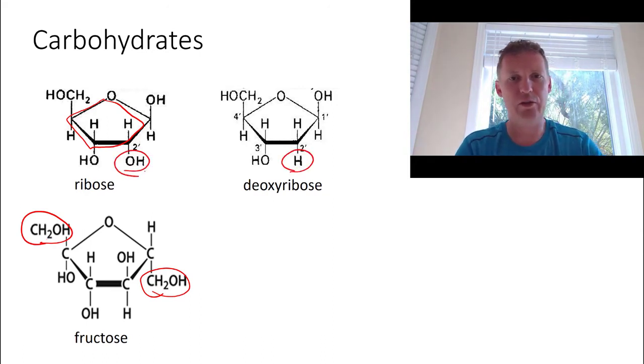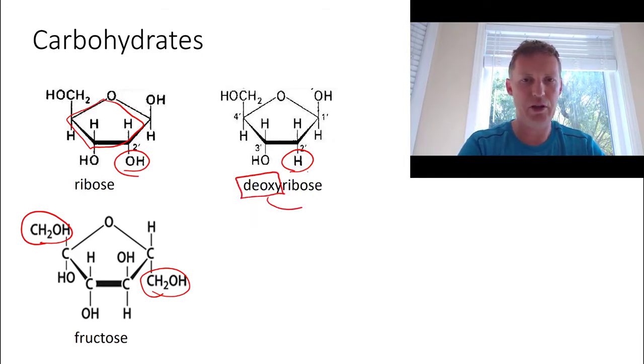One of them has a hydroxyl group, the other has simply a hydrogen. So ribose is the general format, but with deoxyribose, we can think of deoxy as missing an oxygen. And that missing oxygen is coming from this hydroxyl group right here. So if we see that there's an oxygen missing, then we can know very quickly that this is a deoxyribose sugar. If both oxygens are present, then we know it's a ribose, and if we have those side chains, it's a fructose.